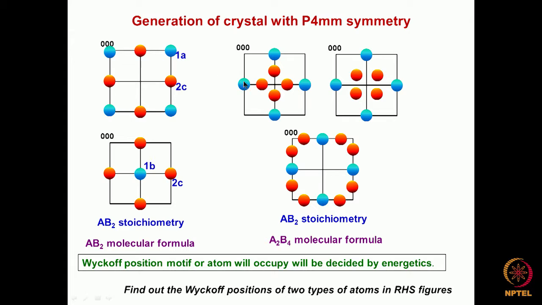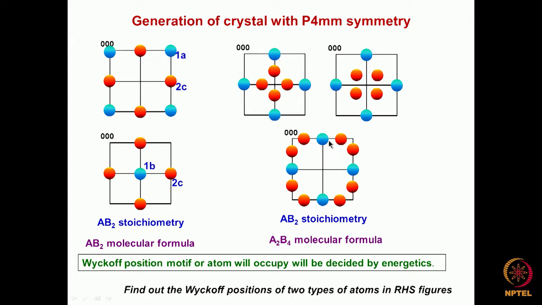So, if this is the molecular formula A2B4, then the A atom will have 2 equivalent positions and the B atom will have 4 positions. In that case, the A atom can occupy only the 2C position, correct? The B atom has 4 choices to occupy these positions.